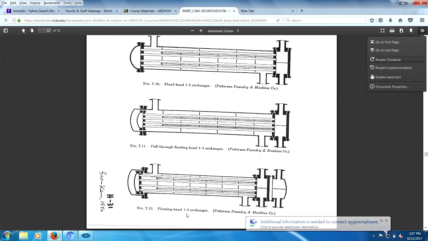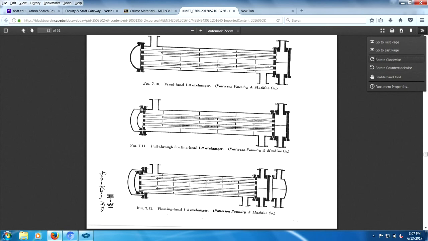This is floating head. This is a pull through because you can pull it all the way through. It runs right on through. You do that in case you want to easily clean something, right? Say you have fouling. Well, if I was to clean this heat exchanger, I would remove this channel cover here.